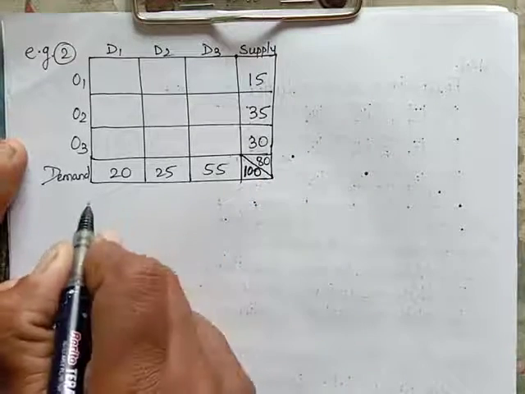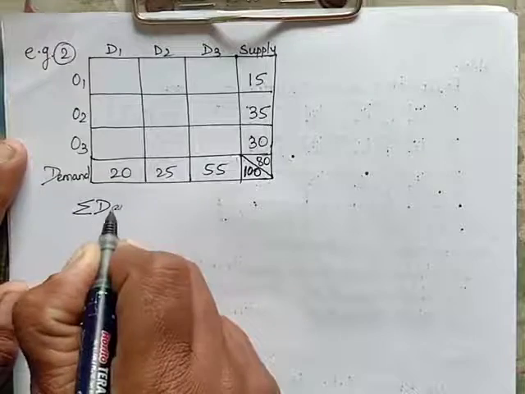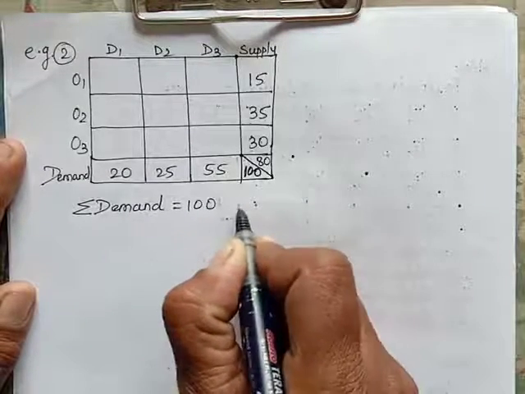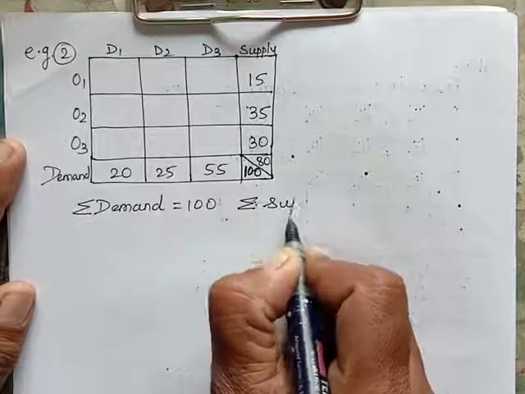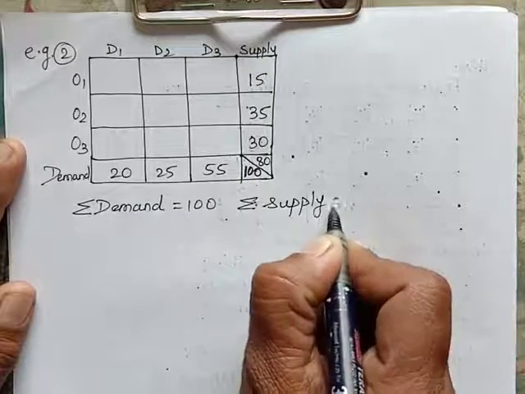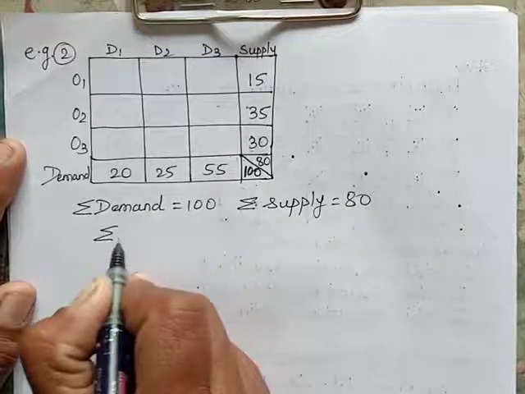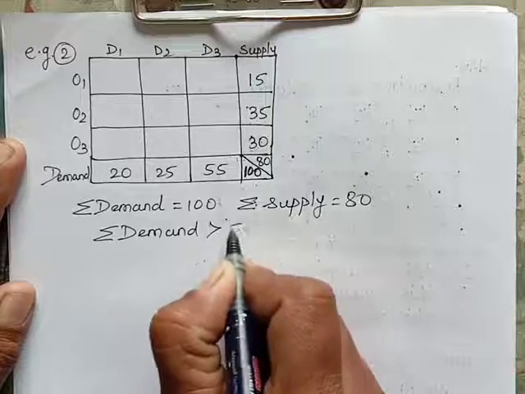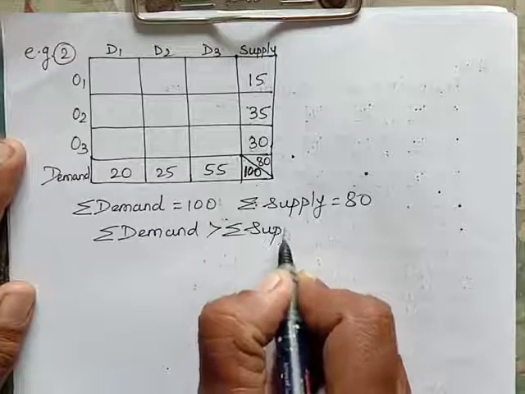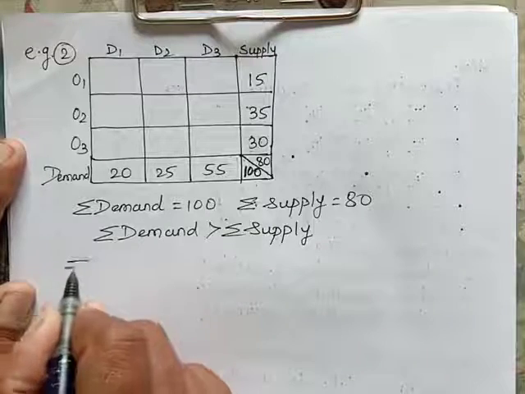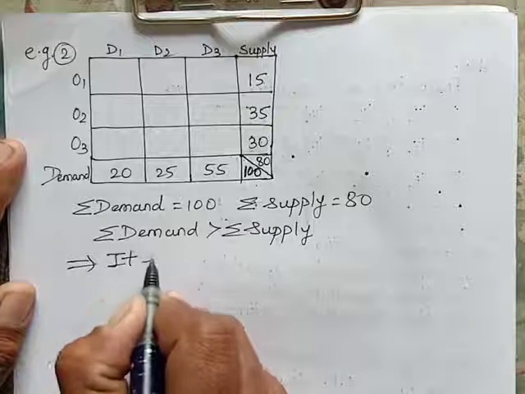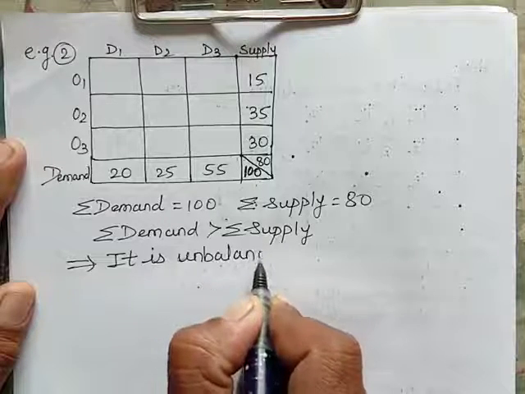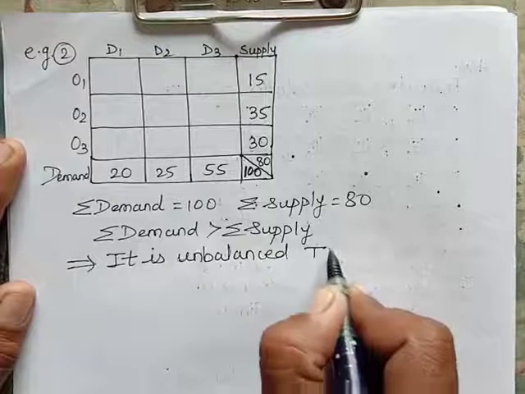So here summation demand equals 100 and summation supply equals 80. So summation demand is greater than summation supply, implies it is unbalanced TP.